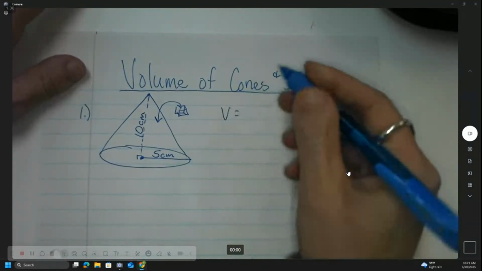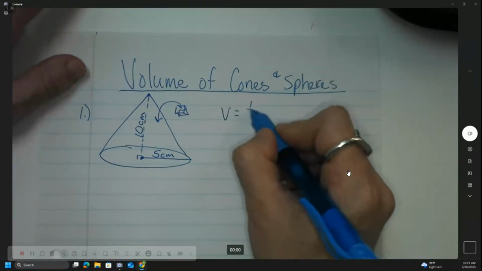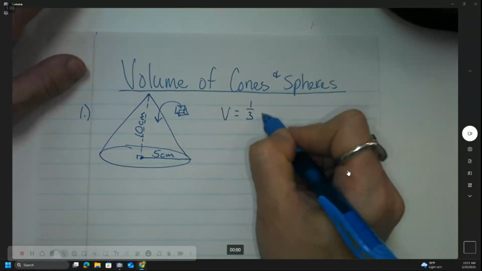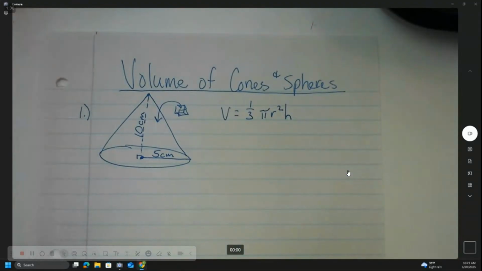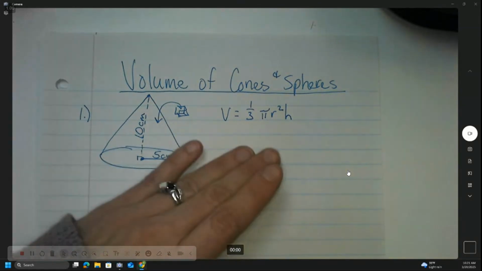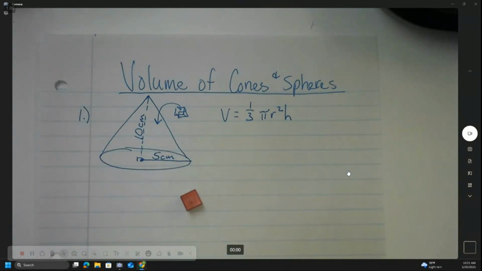Here's the formula for solving for the volume of a cone. It's 1/3 times pi r squared times the height. When you're solving for the volume of a pyramid, like I taught you earlier, you have to divide by 3 because when you cut a cube into thirds, it fits inside that crevice of a pyramid.